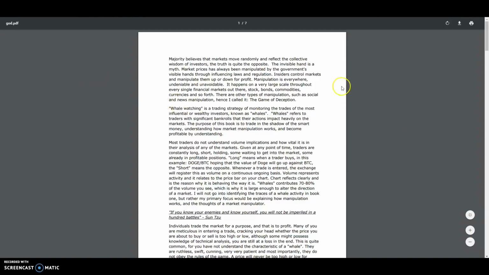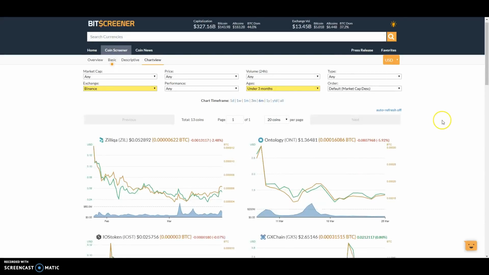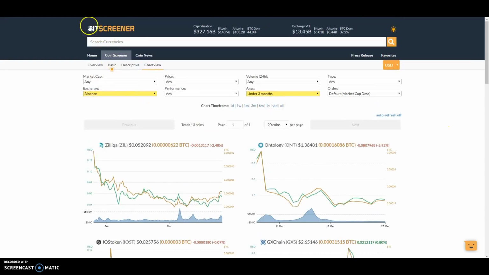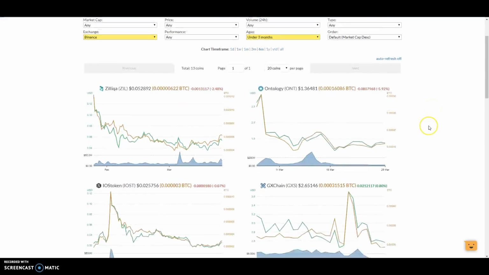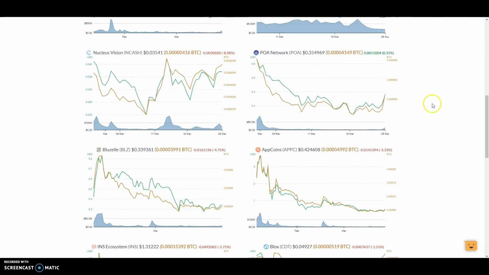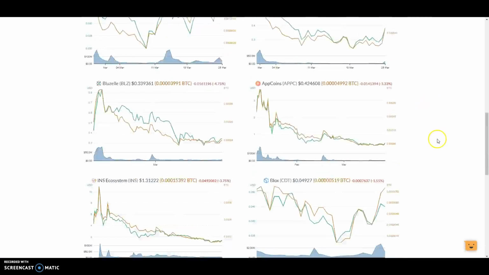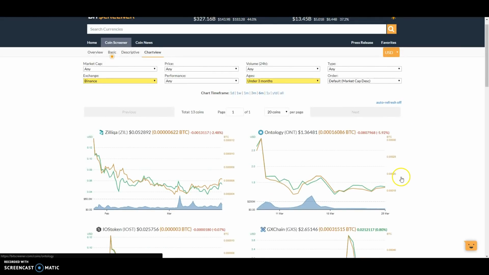So how is this related to Binance? What is Josh talking about? I'm using BitScreener here. I'm filtering by exchange for Binance, and these are coins that are less than 3 months old, meaning they were just added to Binance. I could have sworn there'd be way more assets that were added, but this is all I'm seeing right now.